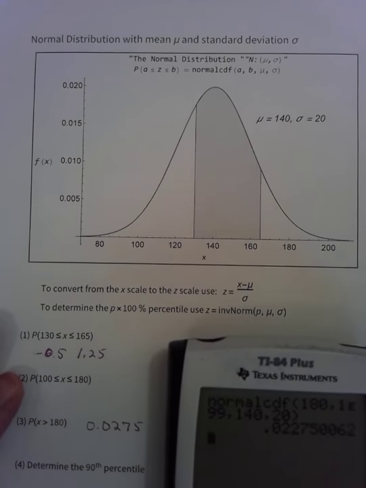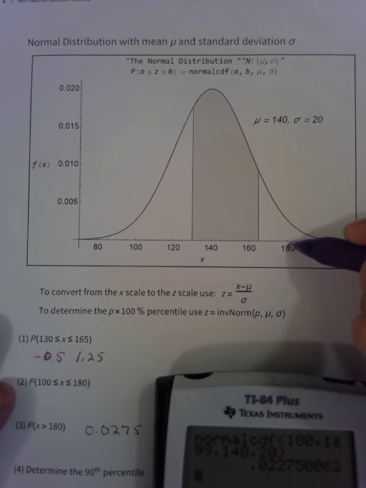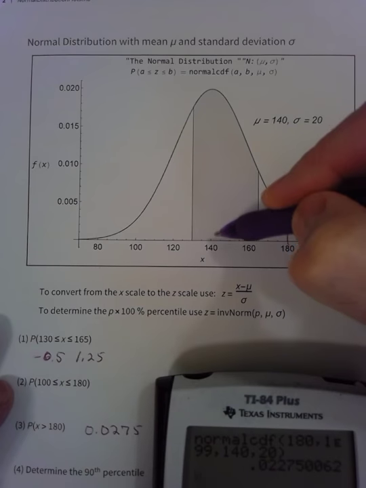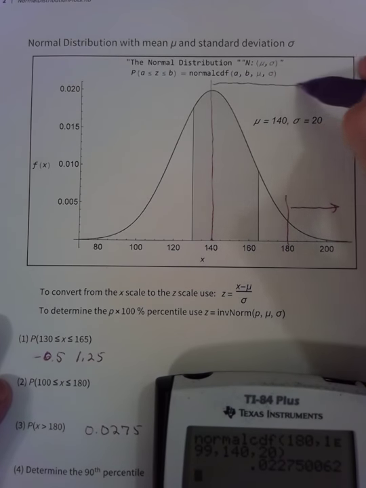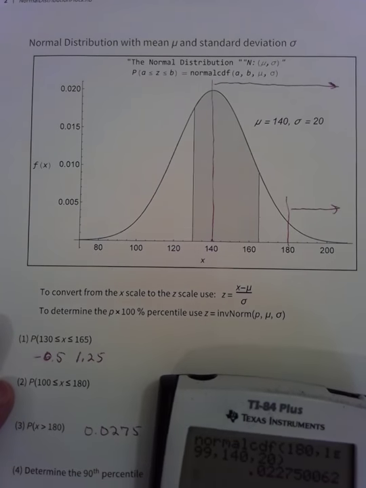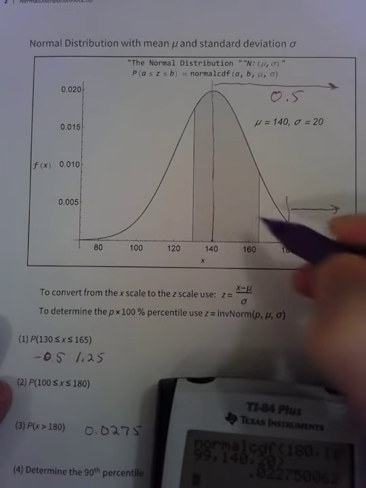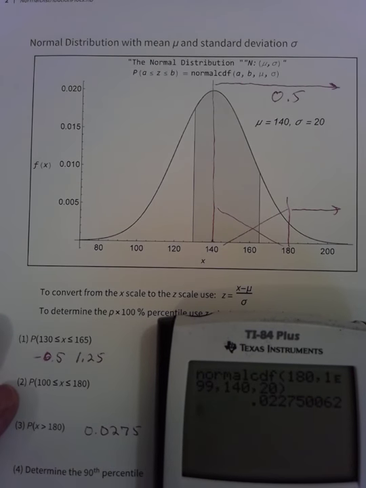There's a nicer way to do this, however. If we want the probability that X is bigger than 180, up here, well, we know that there's exactly 50% of the distribution, or 50% of the values are above the mean. So we can simply take the 50% that I know is here and subtract the part that I don't want. And let's see how that works. Clear?